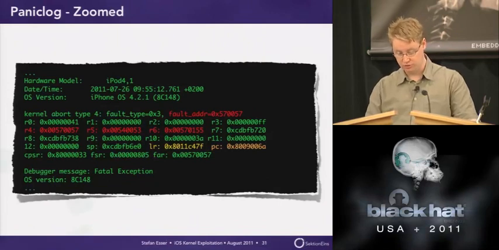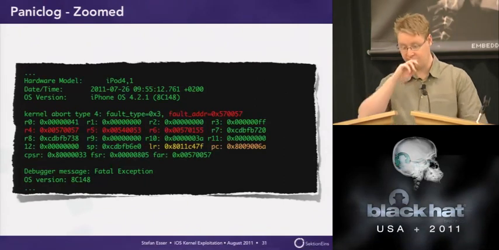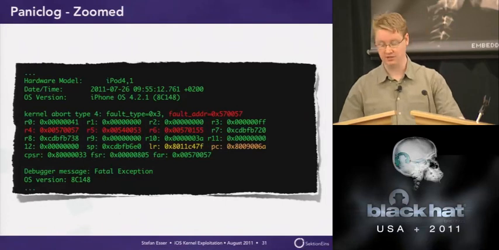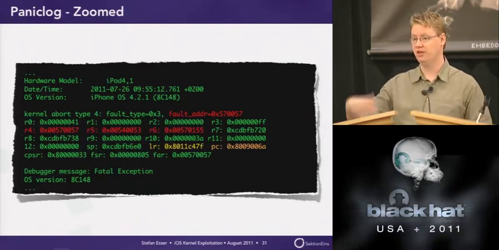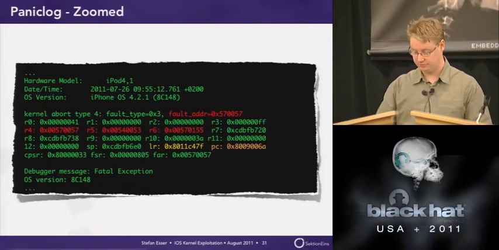And you see you control some of the registers, like R4, R5, R6, and you can see where it crashed and where the function was called from, because you see the program counter PC and the link register LR, which is the return address to the previous function.